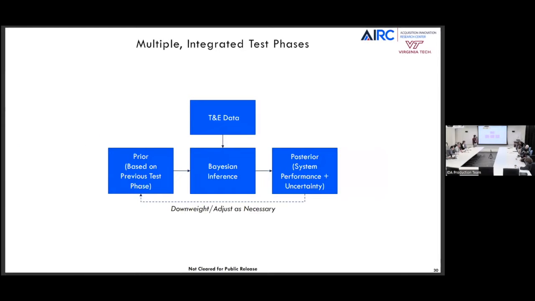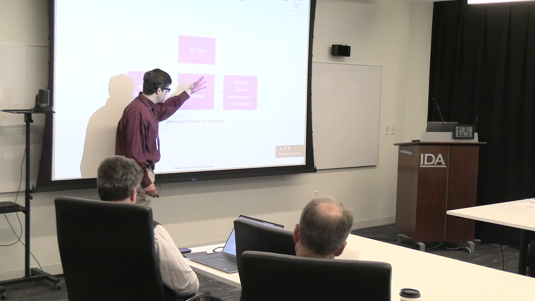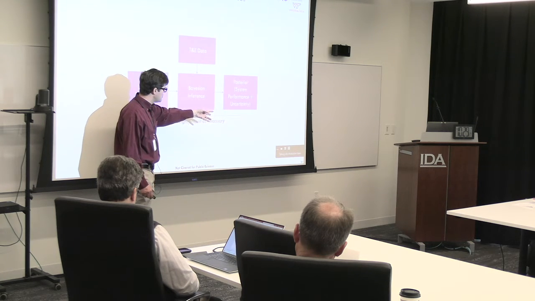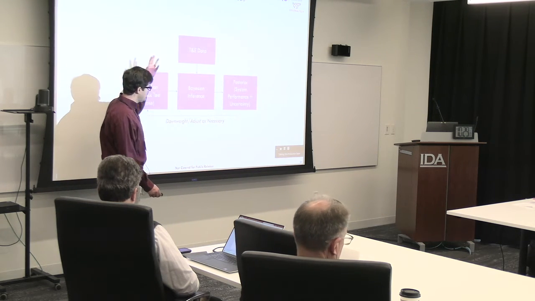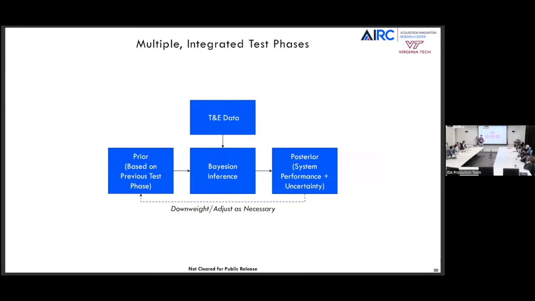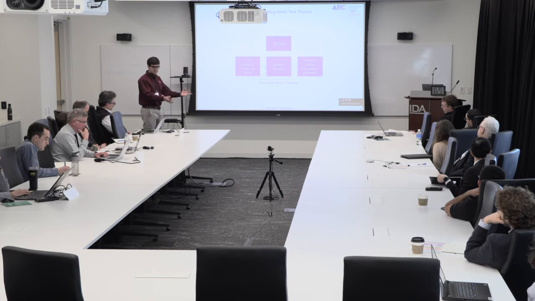In the end we have this iterative procedure where we start with a prior, collect data, compute our estimate of the parameters, adjust as necessary, and move on to the next test phase. Throughout, we have this estimate of our parameters as the system is evolving. So that's the dream about how you could apply Bayes to this sort of continuous testing that the director of DOT&E talked about yesterday.